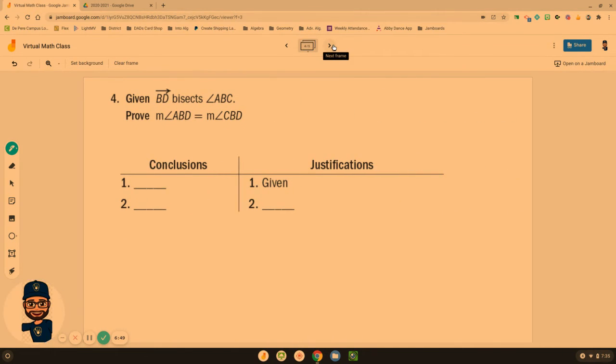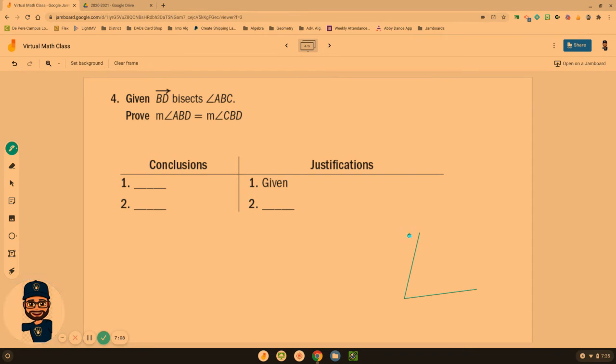Here's example 4. Given that ray BD bisects angle ABC, we want to prove that the measure of ABD equals the measure of CBD. So let's just draw this angle right here.